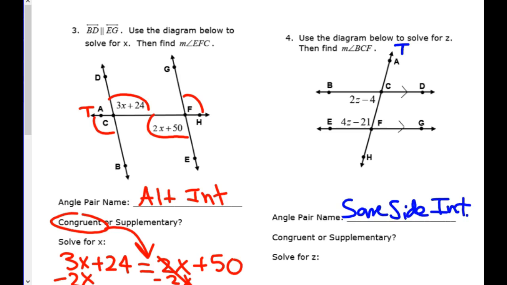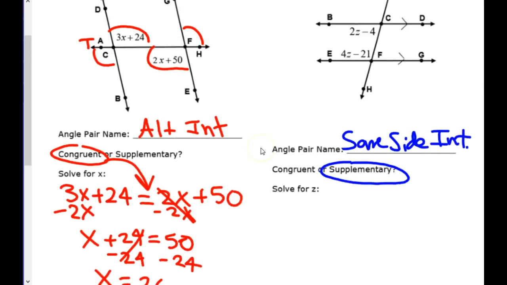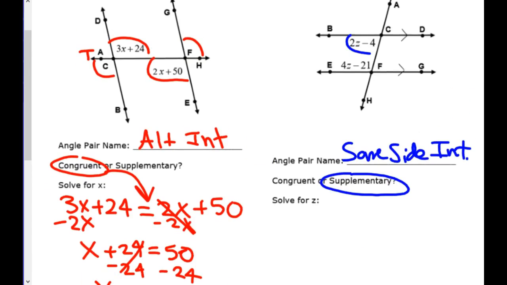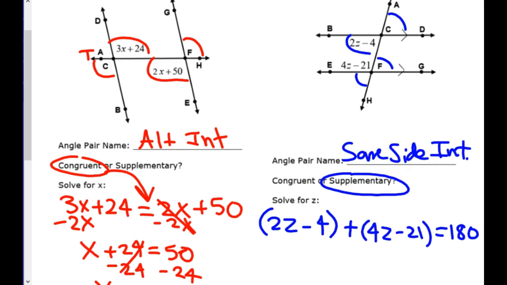SS means supplementary. And if those are my zigzags, they're not on the same zigzag. So that's another way to tell that they're not congruent. So this time we add them, equal sign 180. Remember, that's what we're looking for supplementary. And then we do what at this point?